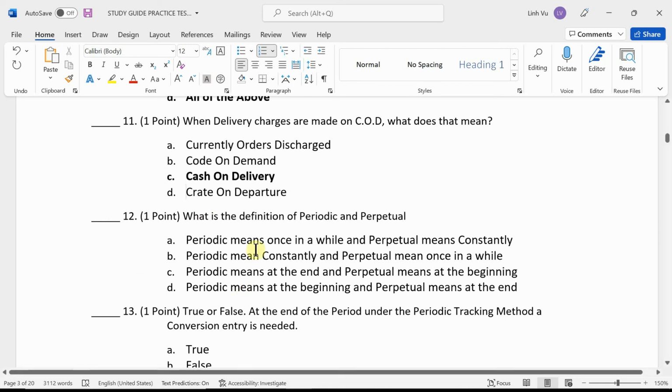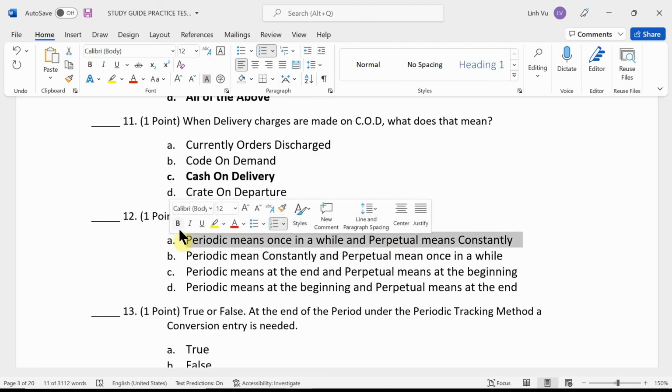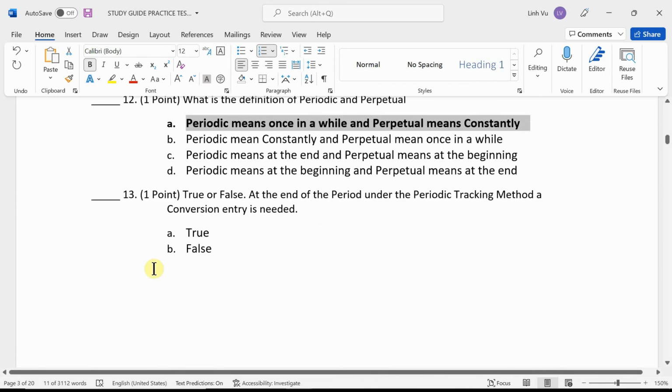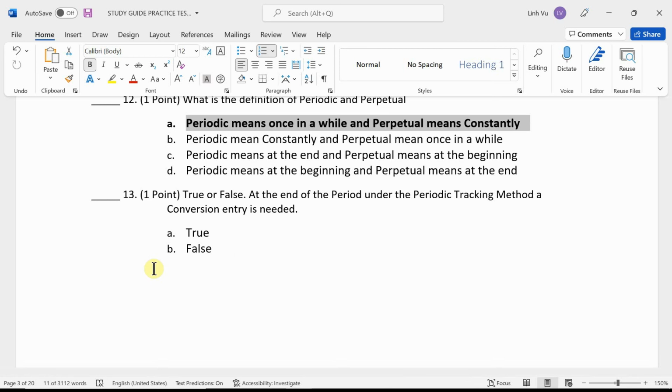A. Periodic means once in a while. Perpetual means constantly. Number 13, true or false: at the end of the period, under the periodic tracking method, a conversion entry is needed.